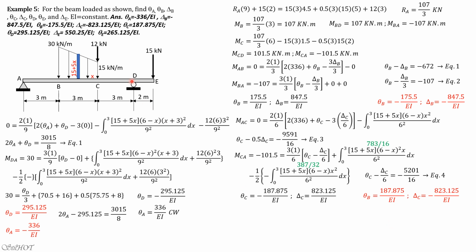Then the only unknowns here would be theta E and delta E. So let's consider DE. Moment DE: D has a moment which is negative 30 while E has none.